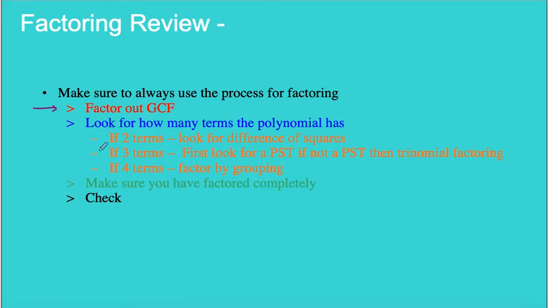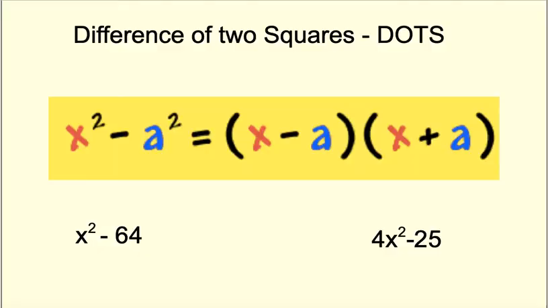Then you look for how many terms the polynomial has: either 2 terms, 3 terms, or 4 terms. Those are the only ones we're going to worry about right now, okay? And once you look for the number of terms, we're going to learn different patterns or processes we can follow. And then you make sure you factored it completely, because sometimes once you factor, you might have to do a little more to it. All right, so today we're going to look at 2 terms.